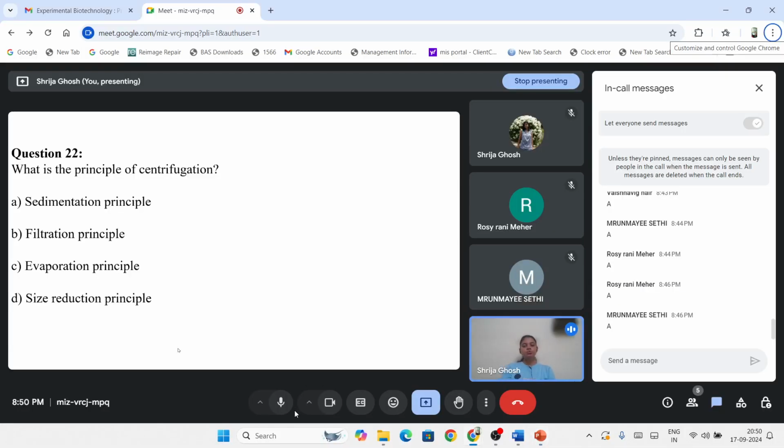Question number 22. What is the principle of centrifugation? We have talked about differential centrifugation where things are settling. So what do you think the principle behind centrifugation is? Option A, sedimentation principle. Option B, filtration principle. Option C, evaporation principle. Or option D, size reduction principle.